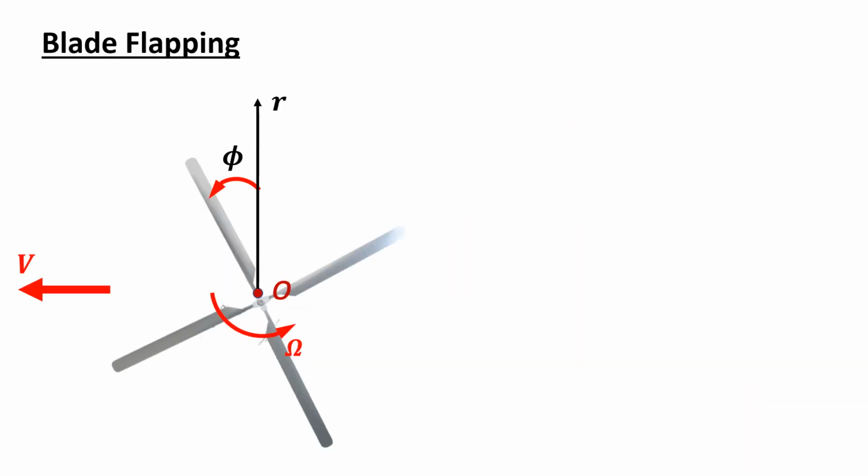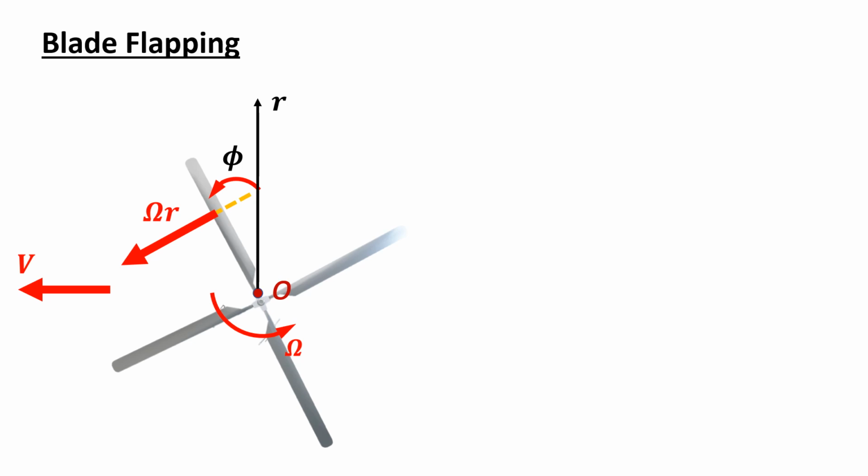Okay, so now let's have a closer look at blade flapping. And what we have again are the 4 blades. Now let's look at this section, highlighted by the dashed yellow line. We know it has a phase angle of phi, and the linear velocity or rotational speed of the section is omega times r.